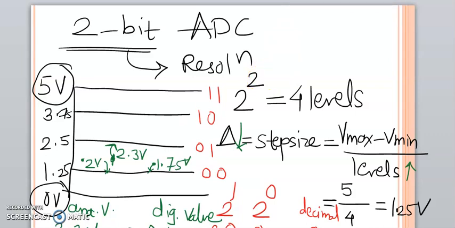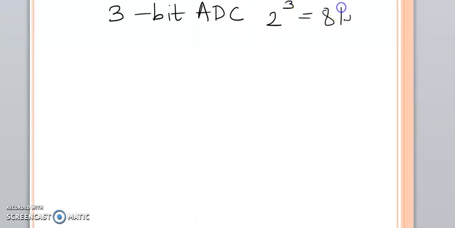So let us take another example of 3-bit ADC resolution. So what will be the number of levels? 2 raised to 3, so there will be a total of 8 levels.